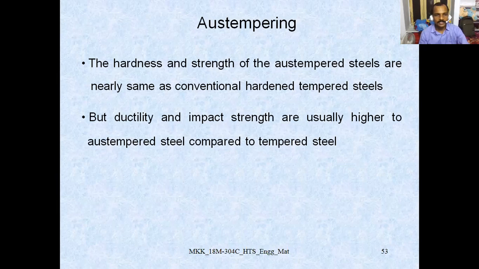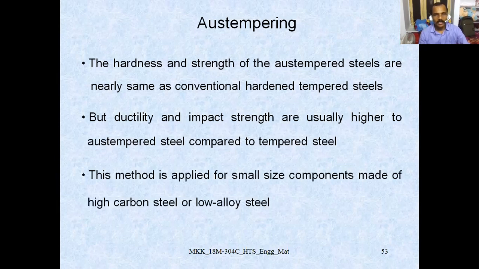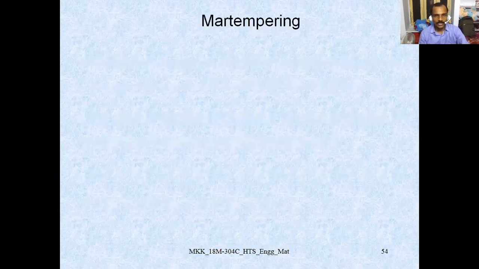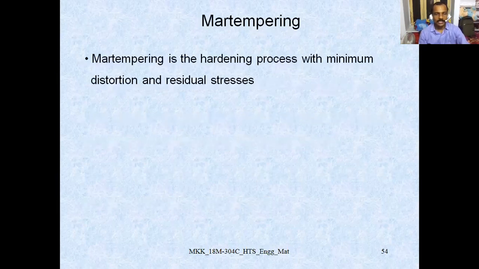And austempering is applicable only to small sized components made of high carbon steels or low alloy steels. That is the austempering process. Now let us move to the martempering process.